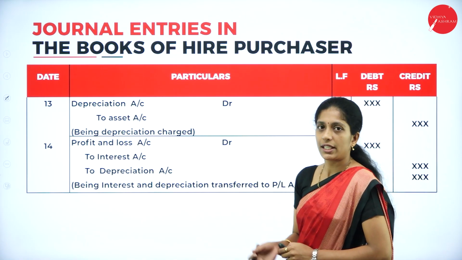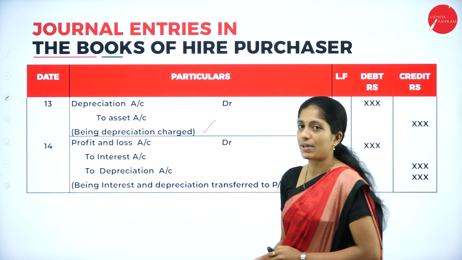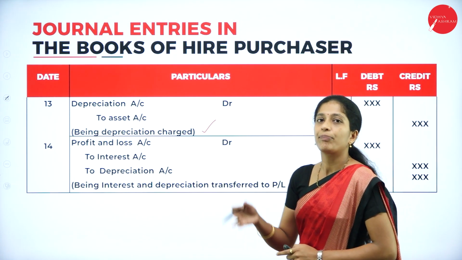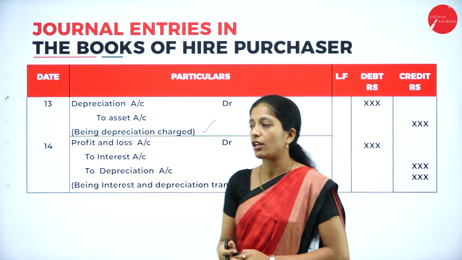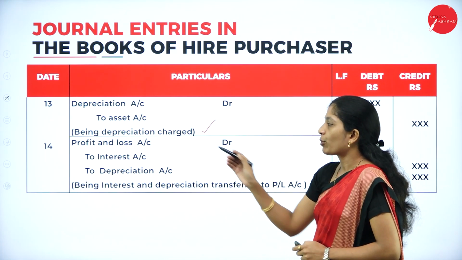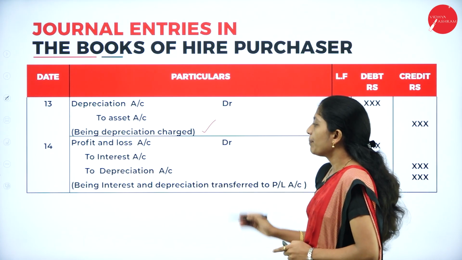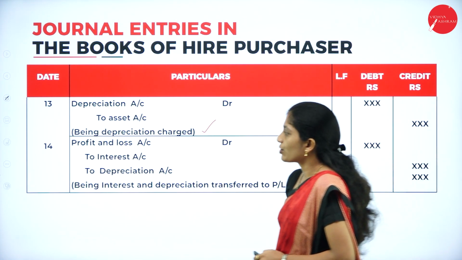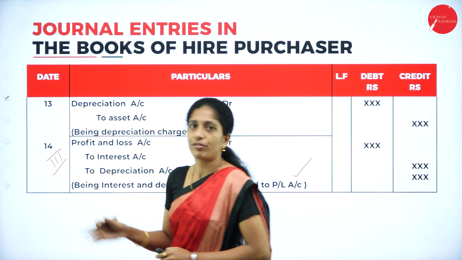Next, for charging depreciation, depreciation account debit to asset account, being depreciation charged. The fourth entry is to transfer interest as well as depreciation to profit and loss account: profit and loss account debit to interest account and depreciation account, being interest and depreciation transferred to profit and loss account. So this was the entry of the third year.